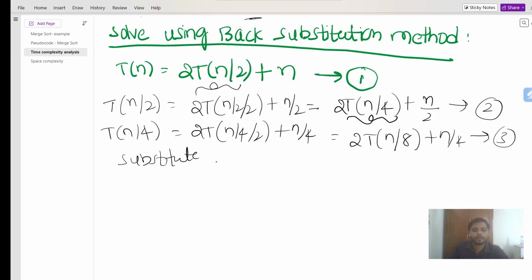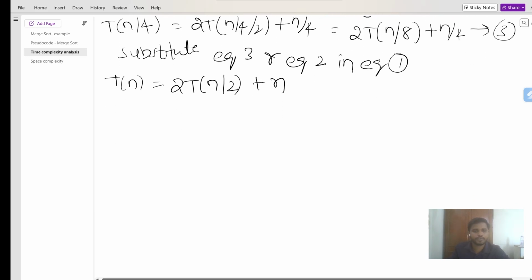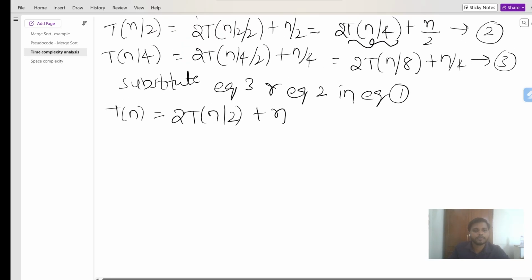So let's substitute equation 3 and equation 2 in equation 1. Now what is equation 1? T of n equals 2 into T of n by 2 plus n. Now let us substitute. What is T of n by 2 here? 2 into, what is T of n by 2? This value, right?